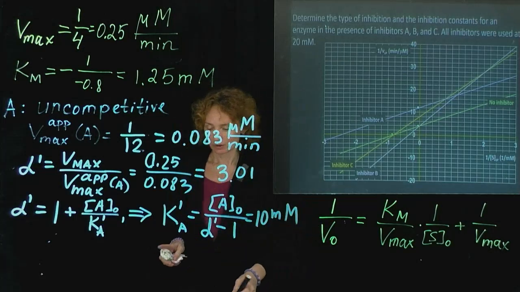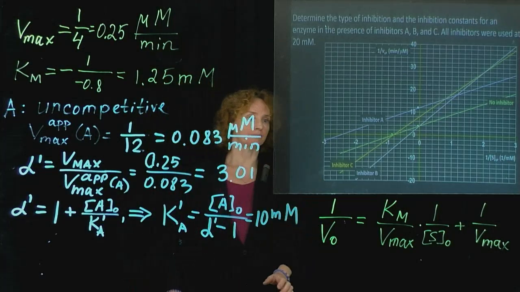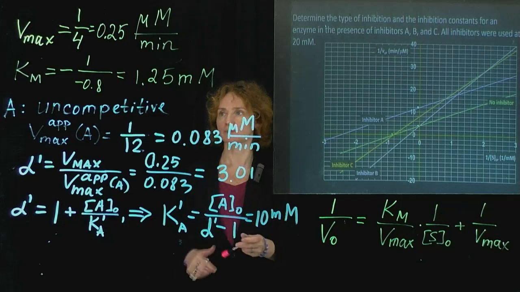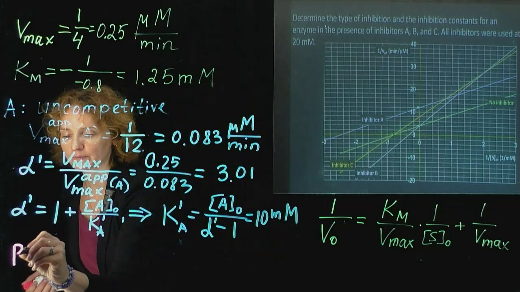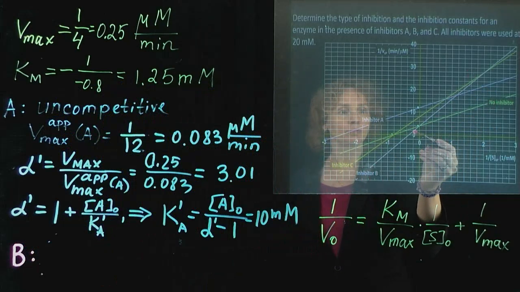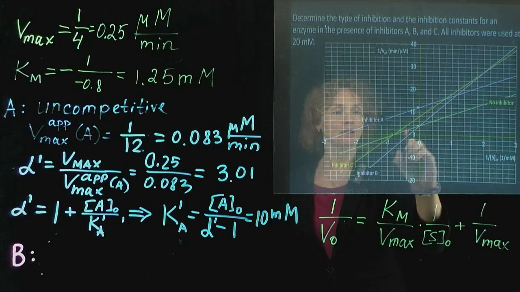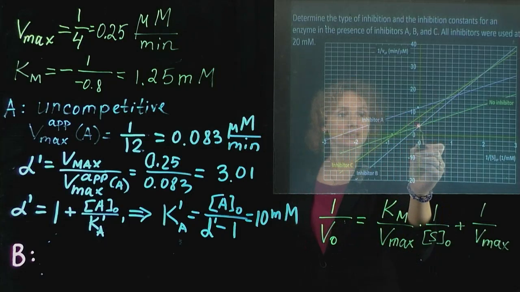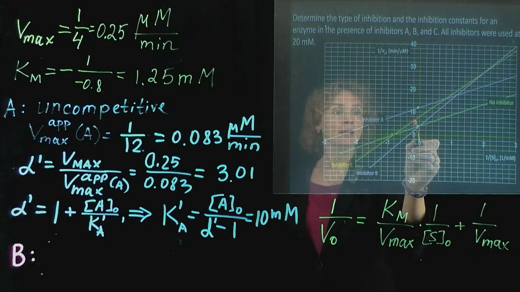Now, for the second type of inhibitor, inhibitor B, I'll use pink. For B, the line on the double reciprocal plot crosses the y-axis at the same value as in the case of no inhibitor.